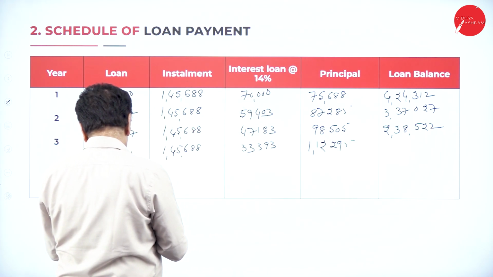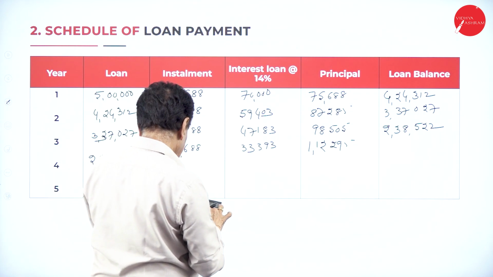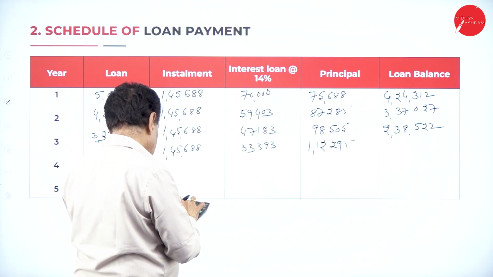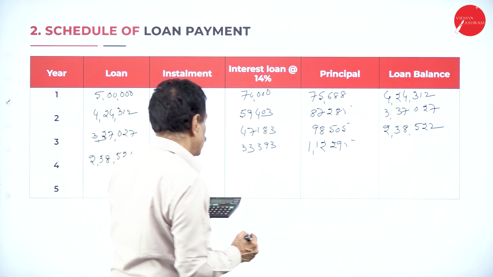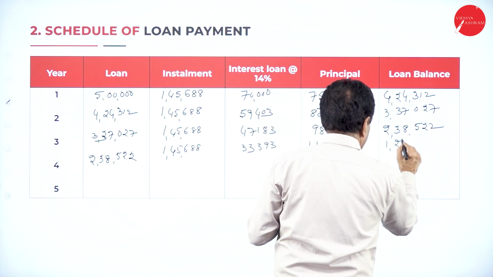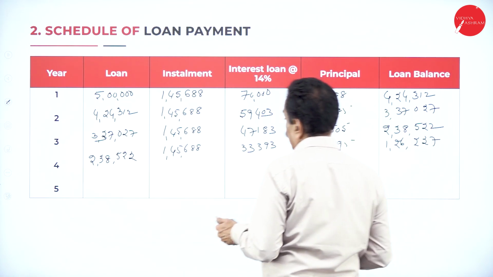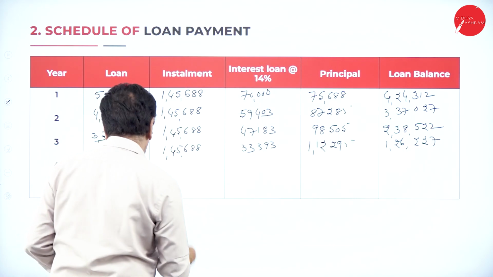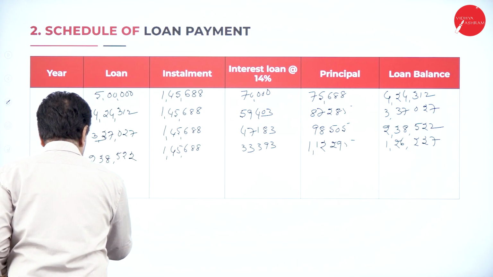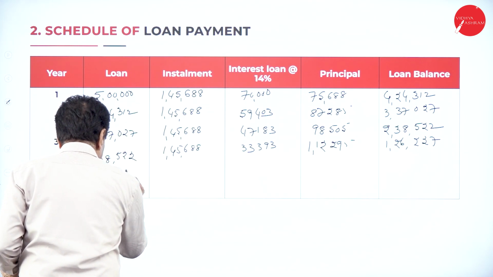Deduct: 2 lakh 38,522 minus 1 lakh 12,295 is 1 lakh 26,227. Last year he has to clear the loan now. What's the amount left over? 1 lakh 26,227.